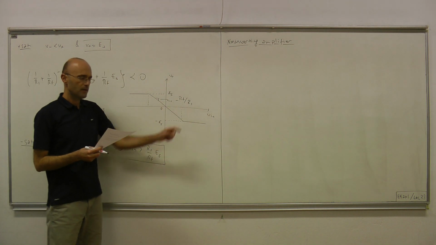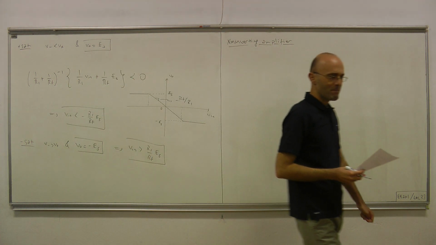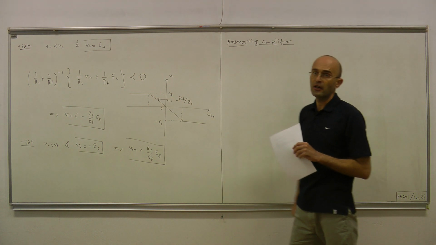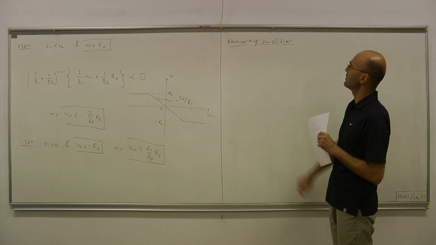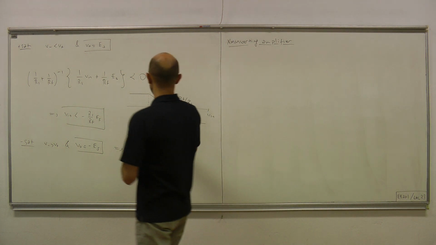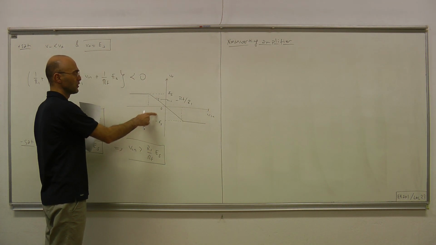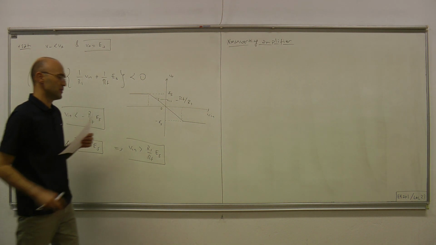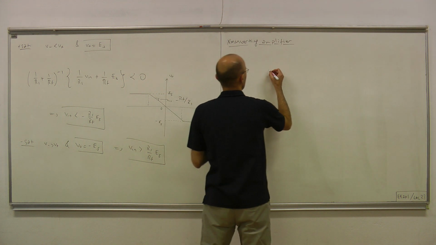Now here, this is called an inverting amplifier, partly because the slope in the linear region is negative. Now we're going to be talking about the non-inverting amplifier. Not surprisingly, we're expecting a similar shape, similar curve, but with positive slope in the linear region. And for that, this is the topology.